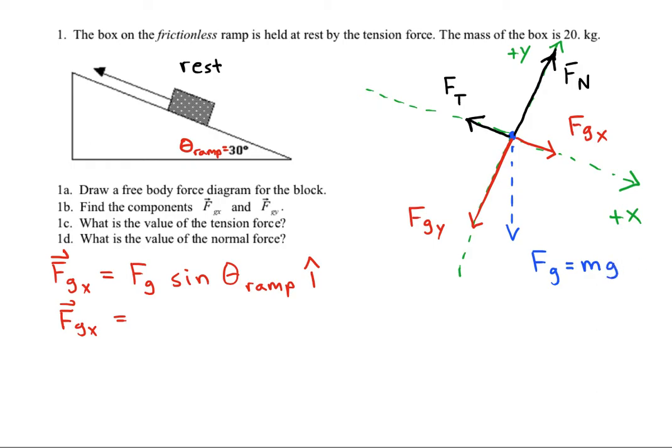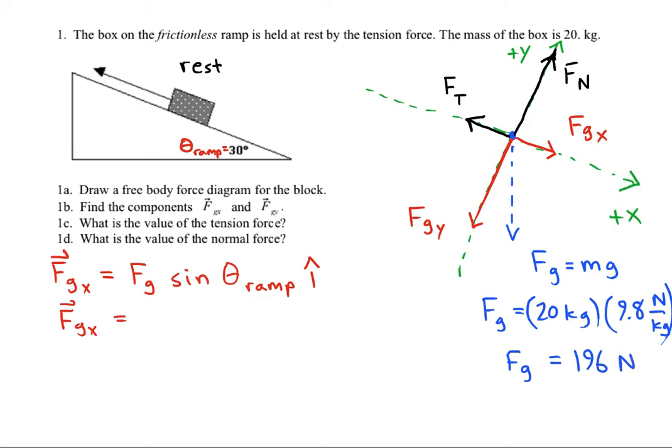So according to the formula, m times g, let's multiply the mass of the box times 9.8 newtons per kilogram. That's 196 newtons. So that's going to be our Fg in the formula here. Okay, we'll do a sine of the 30 degrees and then put an i hat on it. It's 98 newtons pulling down the ramp surface.